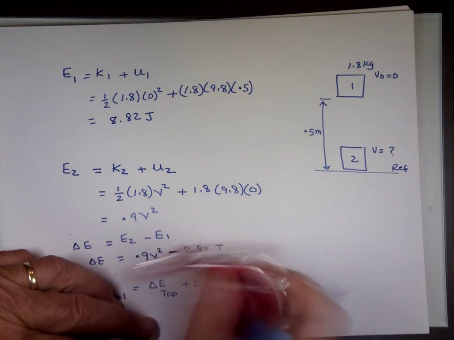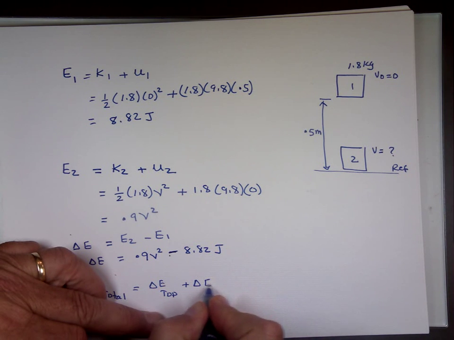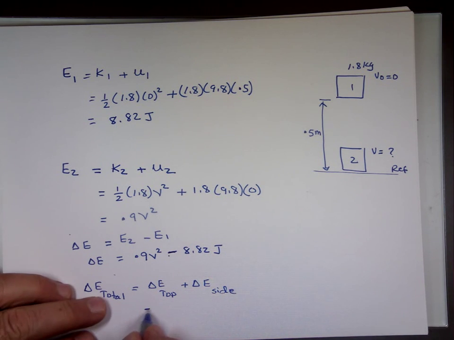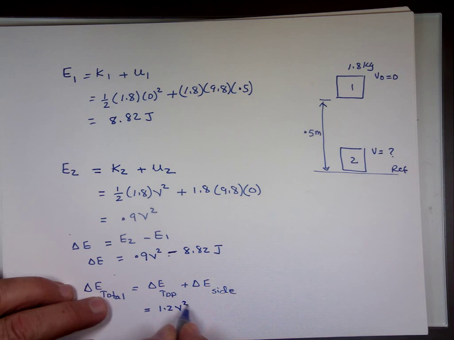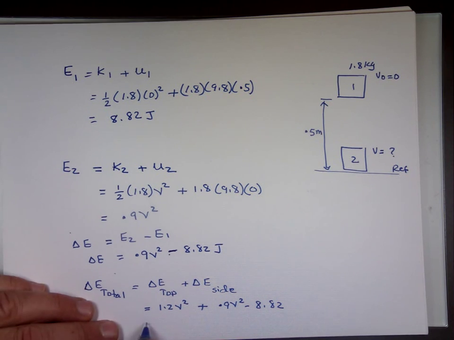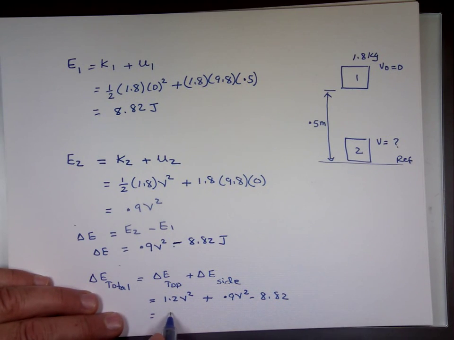If you combine the two together, it's the top and the side. The top one, the delta was 1.2 v squared. Add to it what's on the side, the change. And that should equal 2.1 v squared minus 8.82.